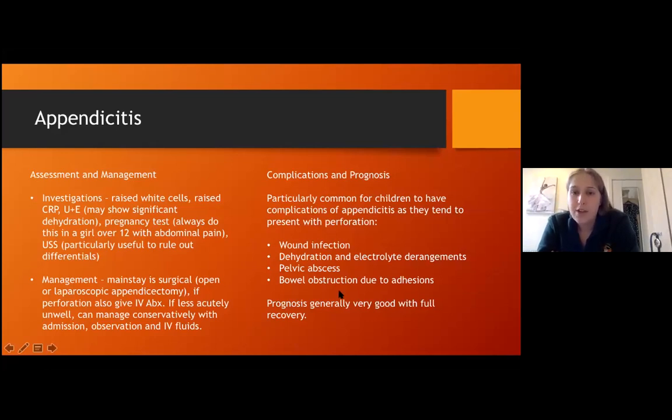So they might get infection, a pelvic abscess if the infection spreads, the dehydration that we've already talked about, so the U&Es are really important, and obviously giving the IV fluids, and some may get bowel obstruction due to adhesions from the surgery. But prognosis is generally very good and most children fully recover.